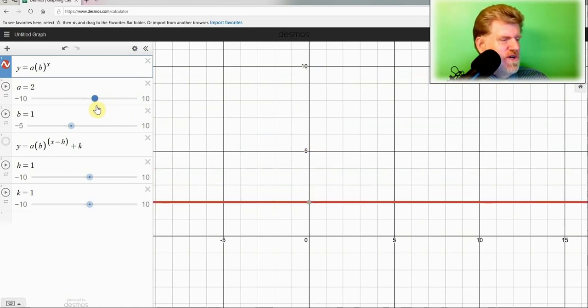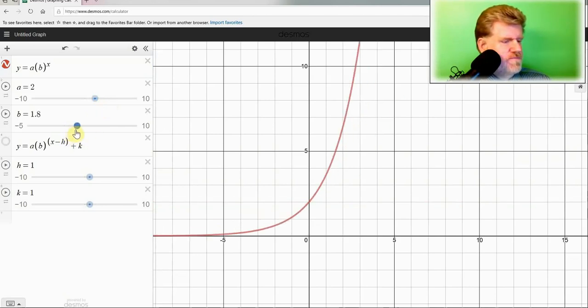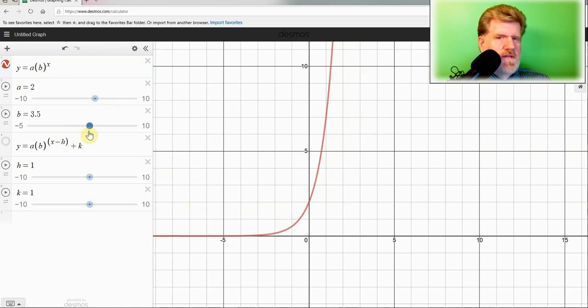Let's say we start with 2. Now watch what happens when I change the b. See how that 0.02 stays there, but look at the rest of the graph. It's just going up. The b is the scale factor. Every time b increases, it goes up faster.